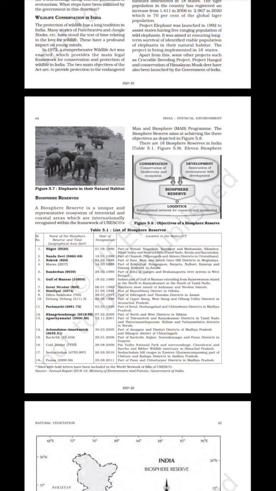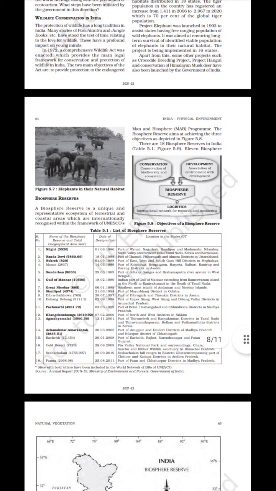Great Nicobar, 885. 6/1/1989, southernmost island of Andaman and Nicobar Islands. Similipal, 4374. 21/6/1994, part of Mayurbhanj district in Odisha. Dibru Saikhowa, 765. 28/7/1997, part of Dibrugarh and Tinsukia districts in Assam.